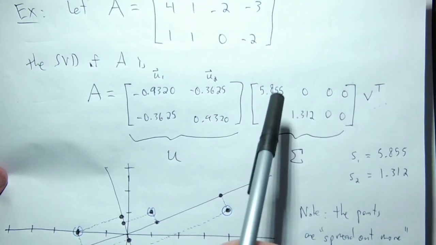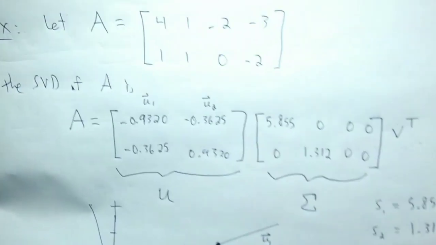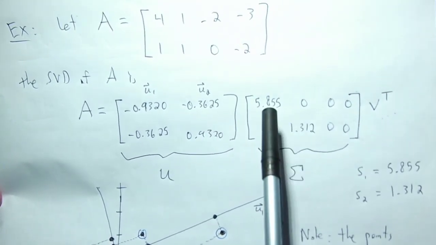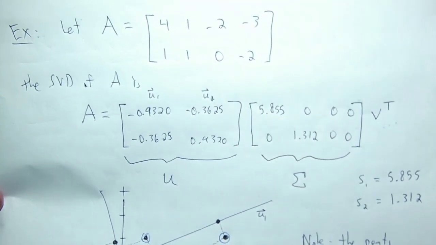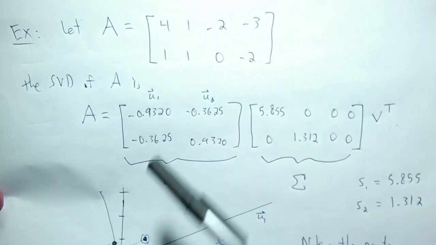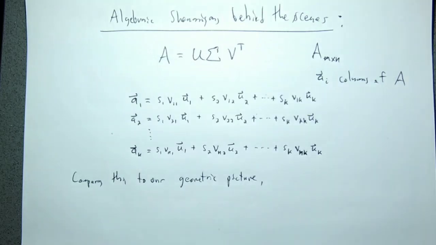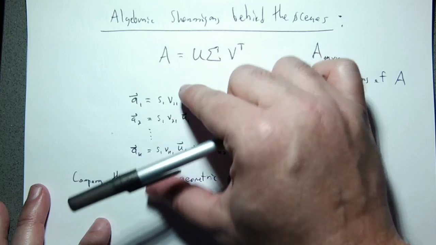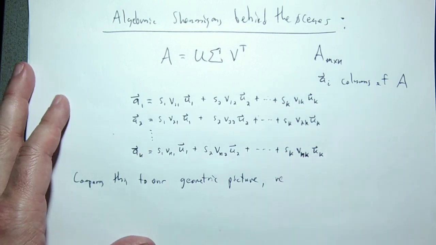So if my columns of A are built out of U sub 1 and U sub 2, this being the largest value, it is going to contribute more to the spread than this value does in the U sub 2 direction, right? So the idea is, since S sub 1 is larger than S sub 2, the data is spread out more in the U sub 1 direction than in the U sub 2 direction. Okay, that's the idea.